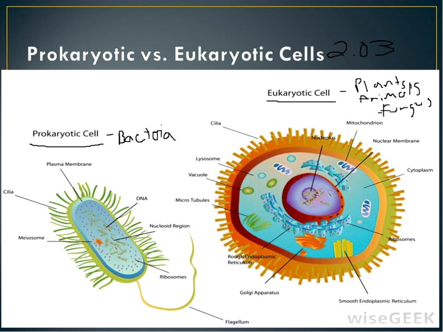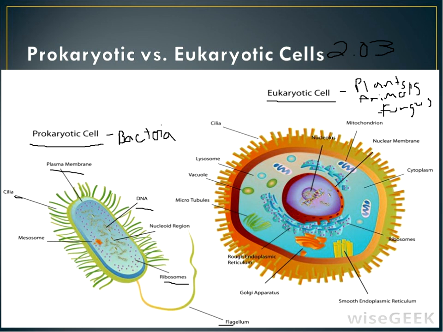So when you think of a prokaryotic cell, you want to think single-cell organisms, small, simple, like a bacteria. Look, it just has a cell membrane, some DNA, some ribosomes, and that's about it. It's not a whole lot. They use a flagella or cilia to move, but that's about it. With a eukaryotic cell, like fungus, plants, animals, you're going to see many more organelles. It's bigger.